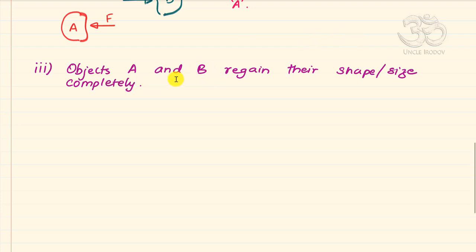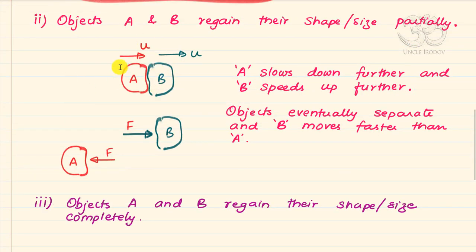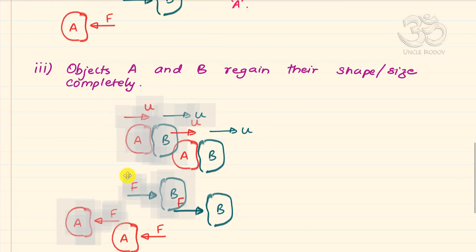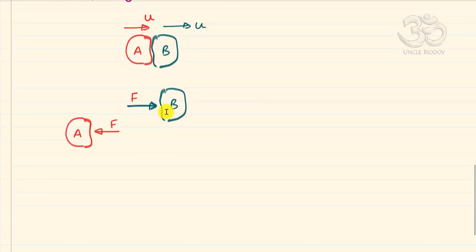Now this case will go ahead in the same way as the previous one. The only thing that will happen is that finally when A and B separate, they won't have any deformation.